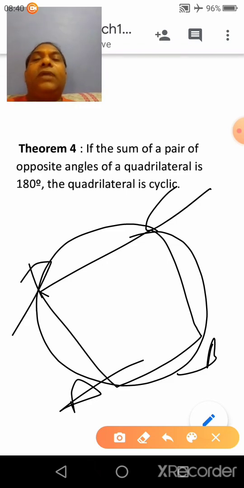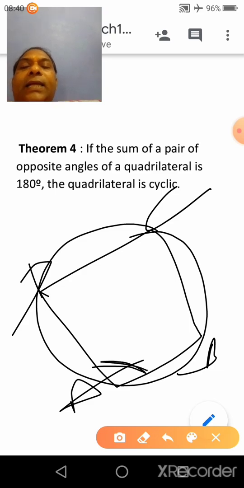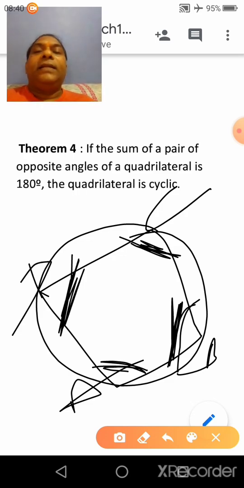According to this theorem, if angle A plus angle C is equal to 180 degrees and angle B plus angle D is equal to 180 degrees, then ABCD will be a cyclic quadrilateral. Clear?